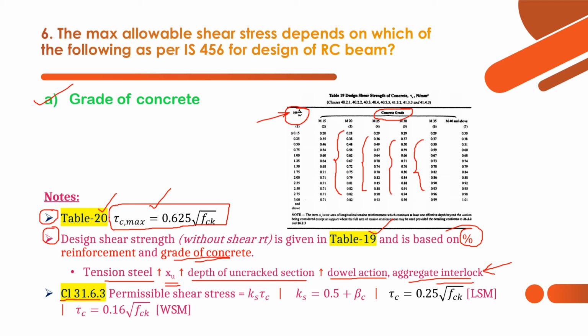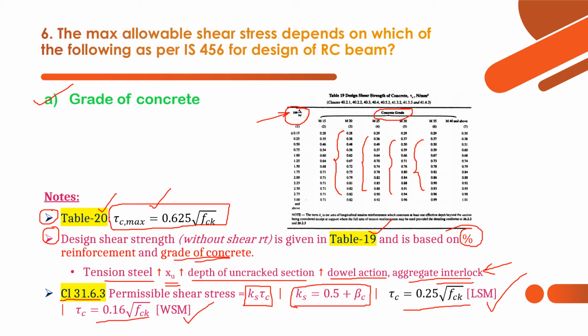As per clause number 31.6.3, permissible shear stress is given as Ks tau c. And what is Ks? Ks is given by the formula 0.5 plus beta c. Beta c is nothing but the ratio of shorter side to the larger side of a column. And tau c, that is critical shear stress, is given by 0.25 root fck in case of limit state method and 0.16 root fck in case of working stress method.